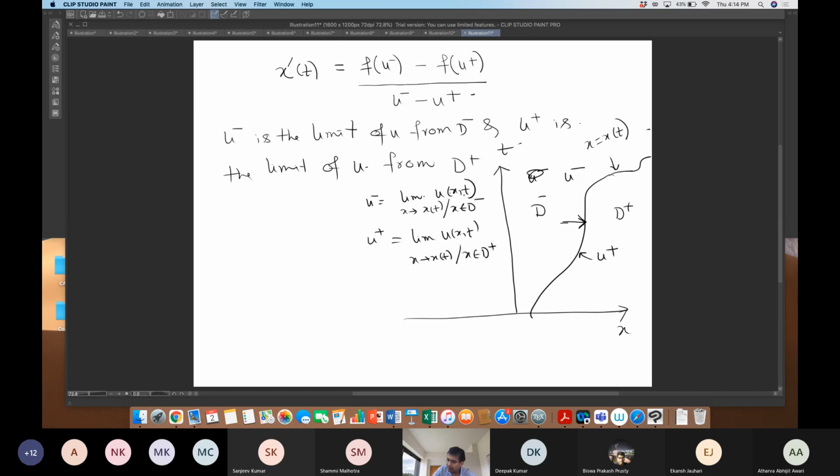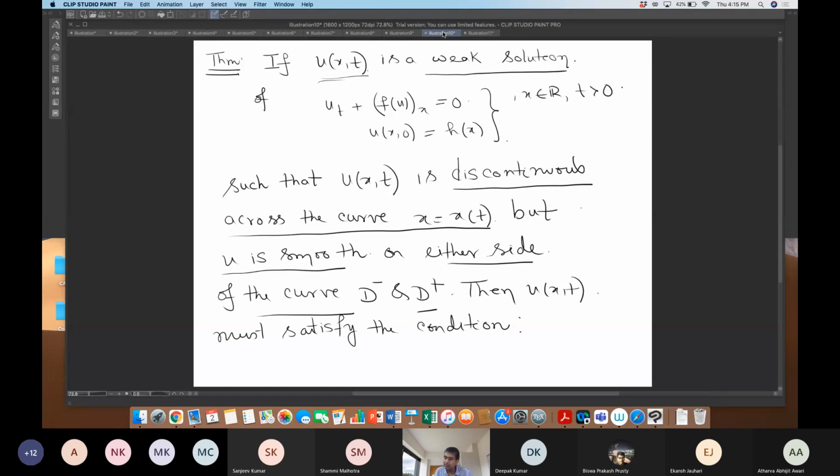So there is a curve which partitions this into two parts, D minus and D plus, and u minus is the limit of u coming from D minus, and of course there is a discontinuity along this curve. So u minus is not equal to u plus. I assume that u(x,t) is discontinuous across the curve.